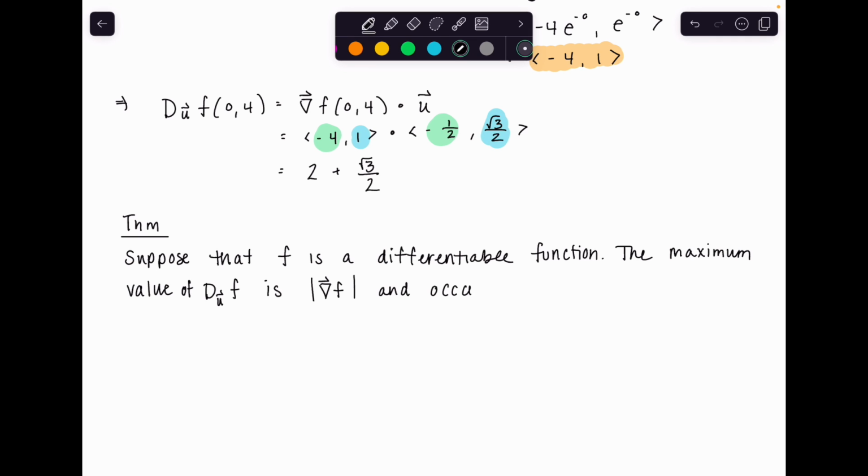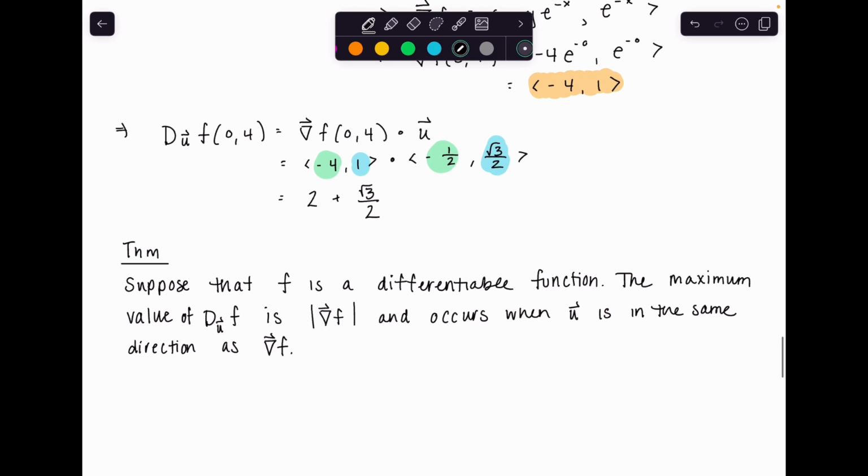So it occurs when u is in the same direction as the gradient vector.